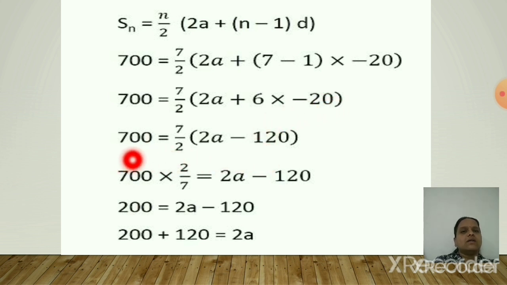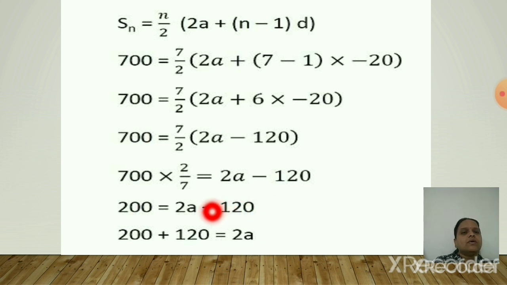So 700 equals 7 upon 2 in the bracket 2a minus 120. Bring this 7 by 2 to the left hand side, it will become the reciprocal 2 upon 7. Just reduce this fraction: 7 ones are 7, 7 hundreds are 700, so 100 into 2 will become 200. So 200 is equal to 2a minus 120.